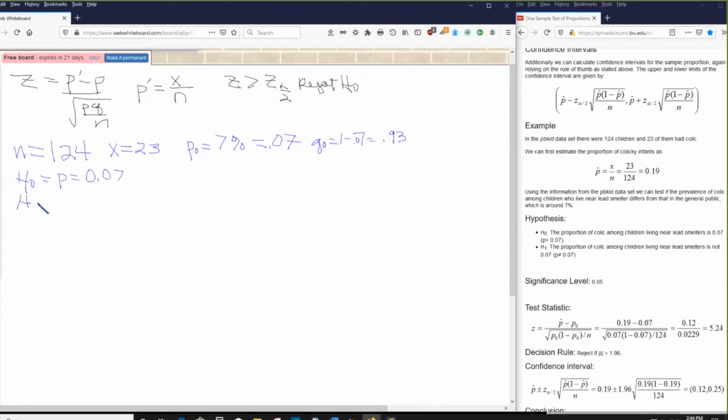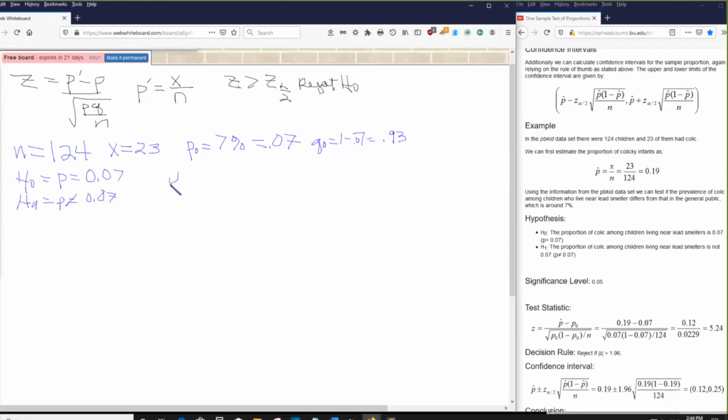We make the alternative the opposite: it's going to be something different than the general public prevalence.